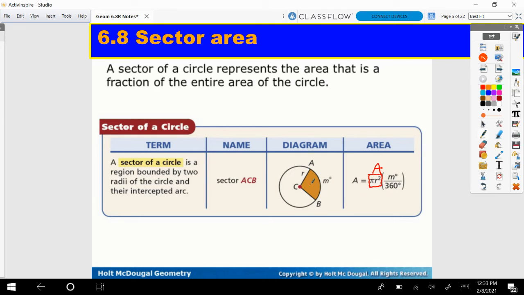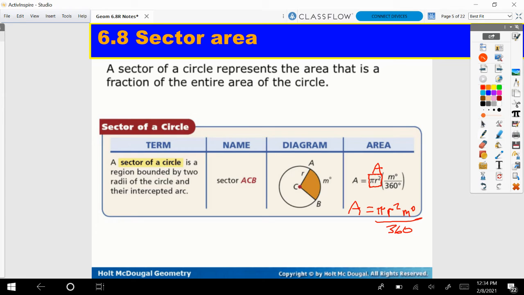I'm going to modify this formula a little bit and use this one: area is equal to pi times the radius to the power of 2 times the measure of the arc, all divided by 360. This simplifies it a little bit and takes the fraction part out of it. We'll be working with this formula on our lesson today.